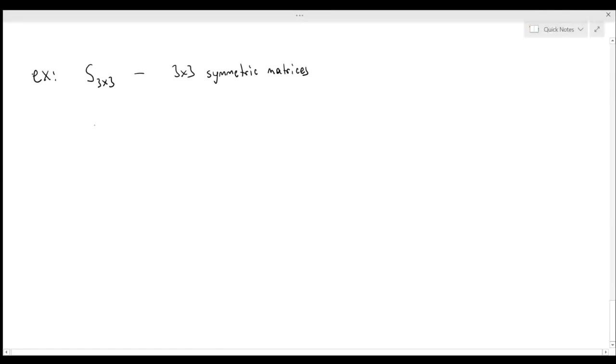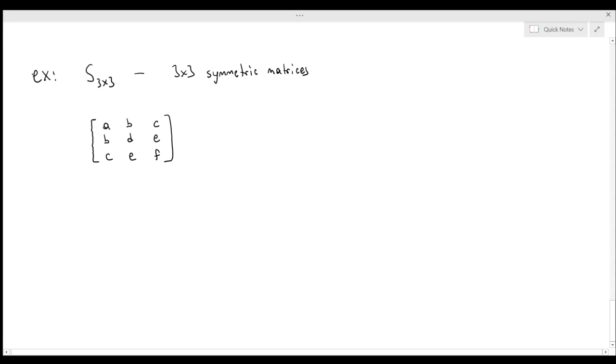Okay. So again, the strategy will be to first write out what a generic element of the space will look like. So a generic 3 by 3 symmetric matrix looks something like this.